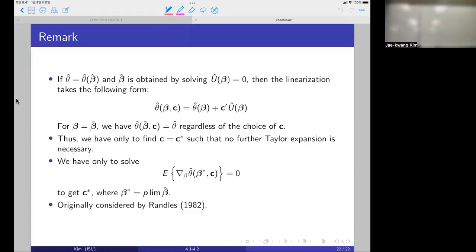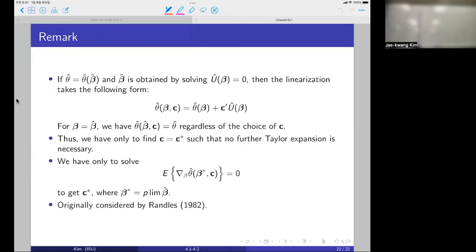That means if you take the partial derivative, the coefficient should be 0 in expectation. So you compute the expectation of the tangent function and set it to 0. That is your C star. So you obtain this equation to obtain C star.